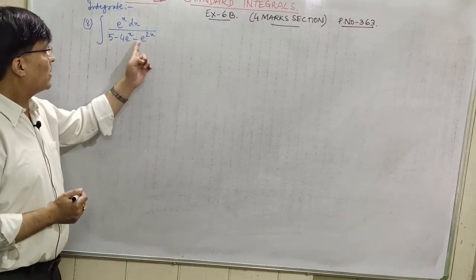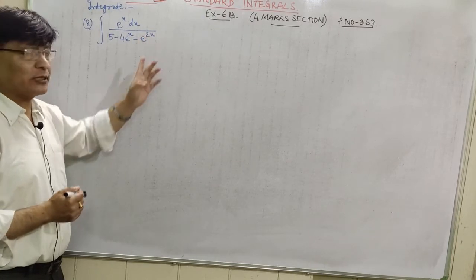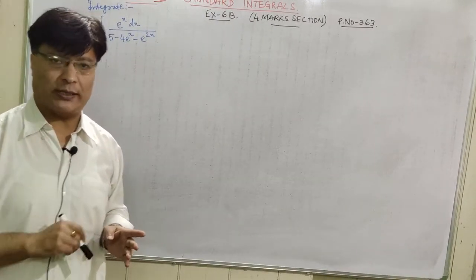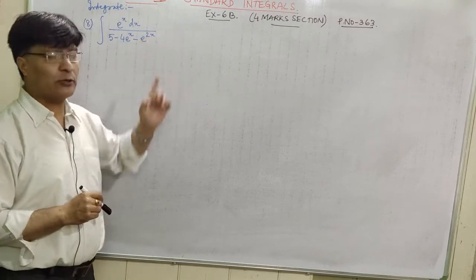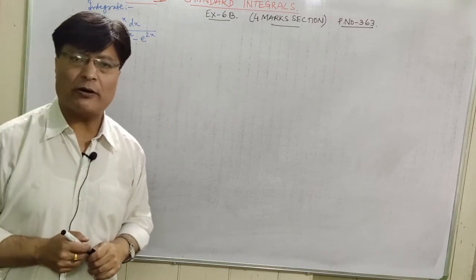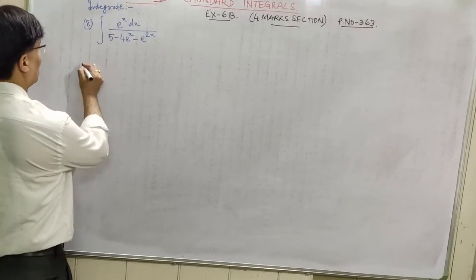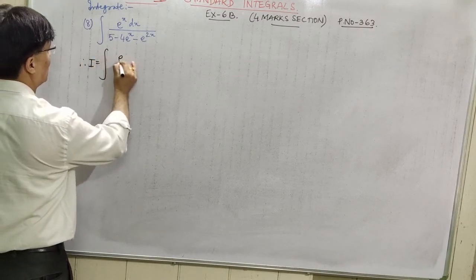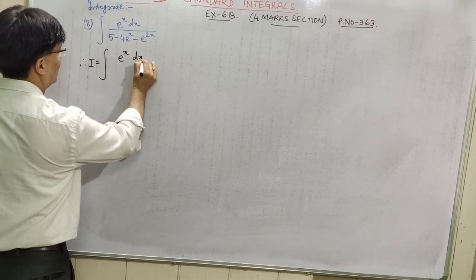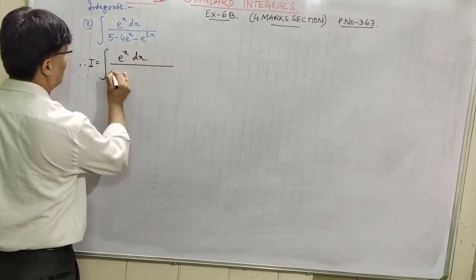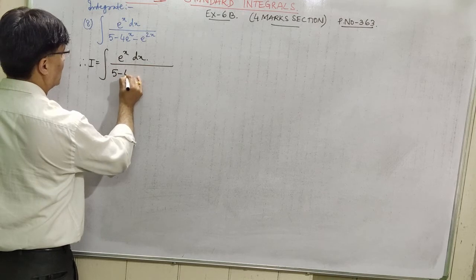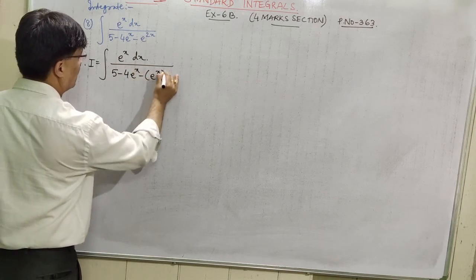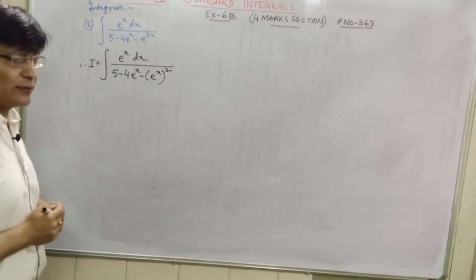That is differentiation of e to the power x is e to the power x. Okay. So you have to make this term e to the power 2x, which is in the denominator, in the form of e to the power x whole square. So let us write here I is equal to integration of e to the power x dx divided by 5 minus 4 e to the power x minus e to the power x whole square.